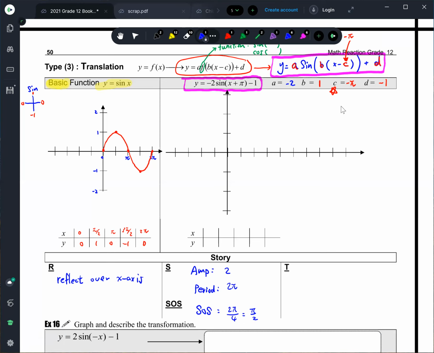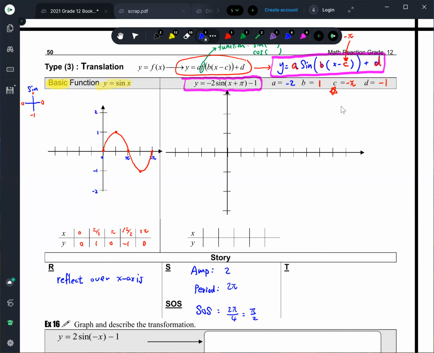Okay, translation, we need to look at C and D. So if you look at the form, the C is inside a bracket with X. So it has to do with the X values. So it has to do with horizontal because X goes horizontal. Make sense?